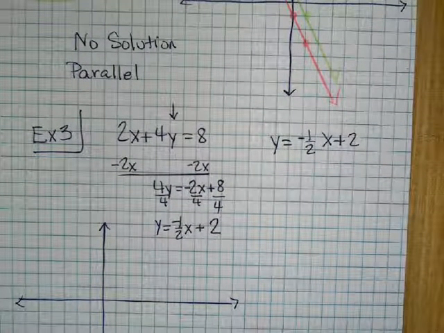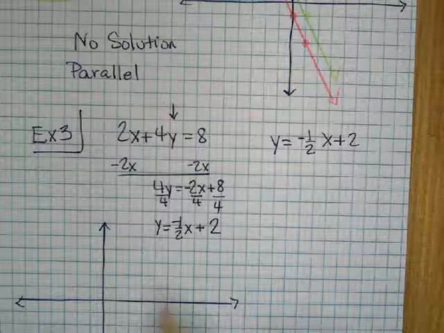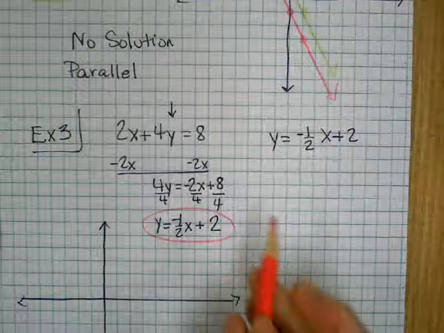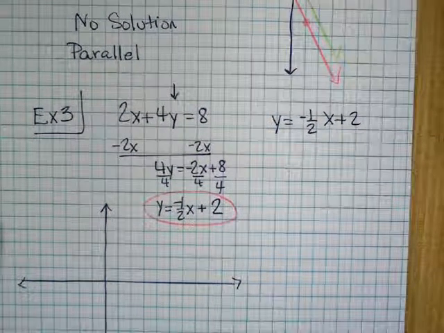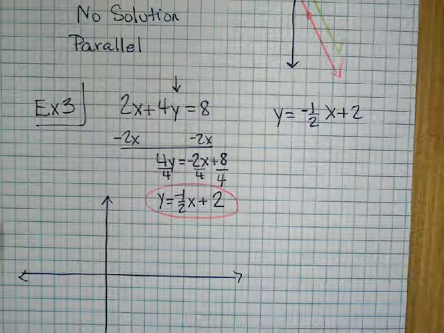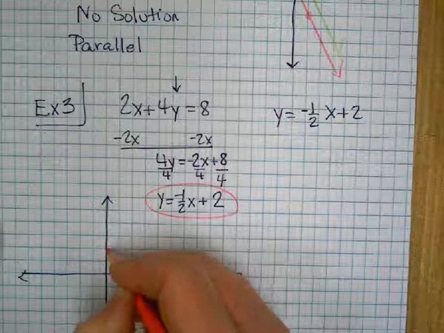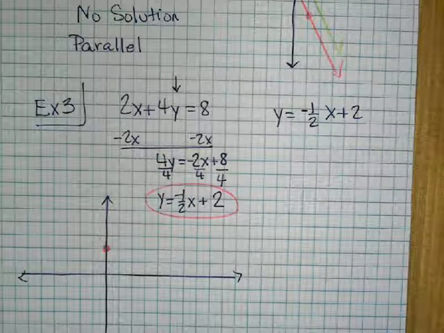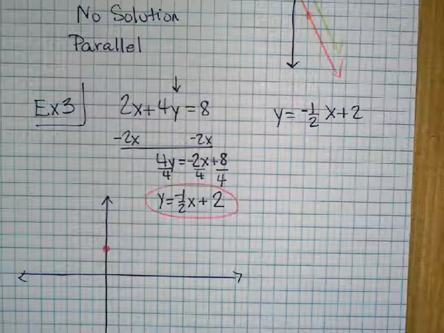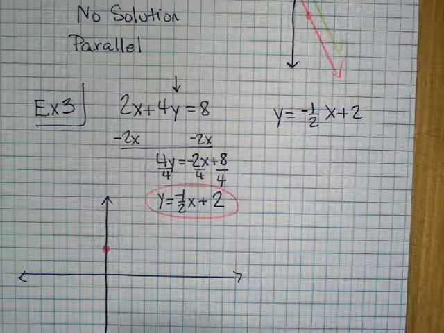Okay, let's start with the pink equation. Where do we start? 2. And what's the slope? Negative 1 over 2, so you go down 1 and over 2.